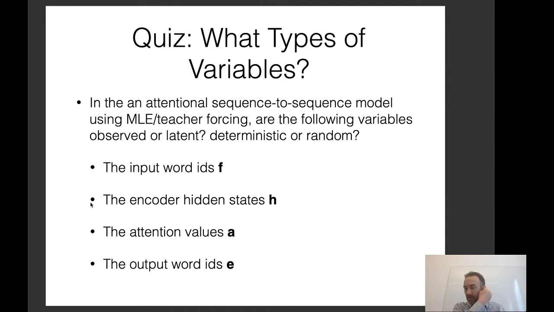The output word IDs E, so these are also observed variables because we can observe them in our training data, but at the same time they're random variables, and we assume they were generated according to some data generating process, maybe by humans doing translation, and they can also be sampled from our model.